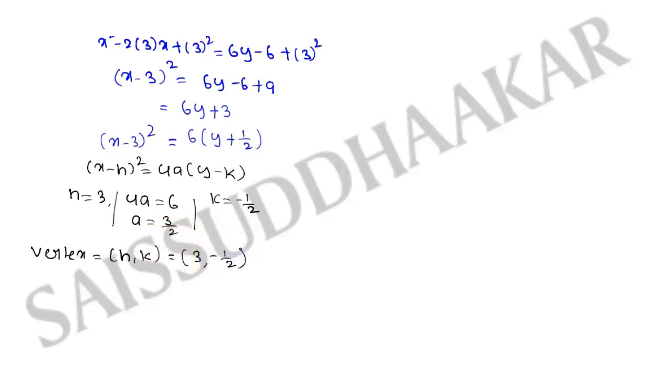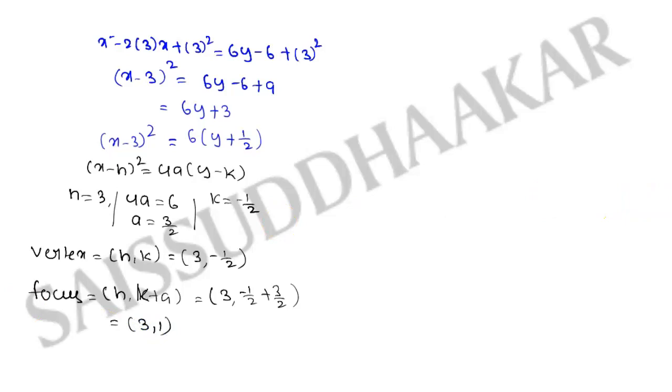And next, the focus formula is h comma k plus a. So this is equal to 3 comma k plus a, that is minus 1 by 2 plus a value 3 by 2. So with LCM 2, minus 1 plus 3 is 2, 2 by 2 is 1. So this is equal to 3 comma 1.